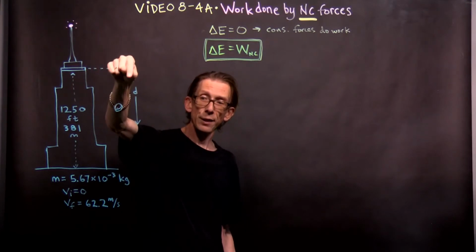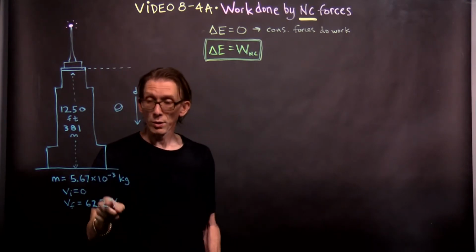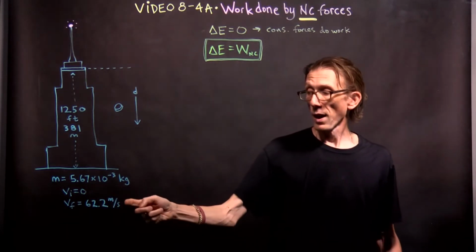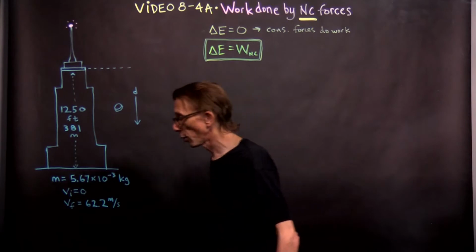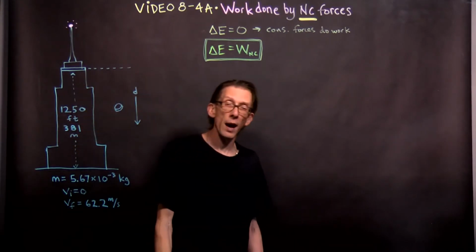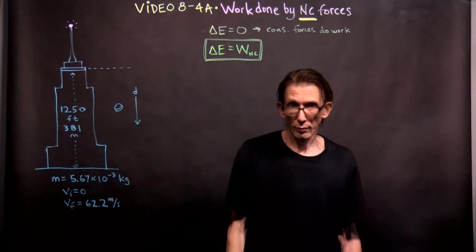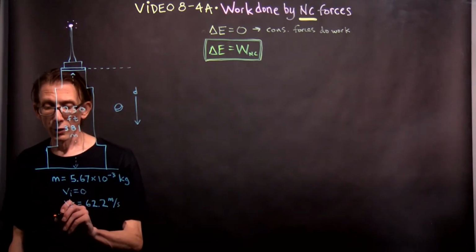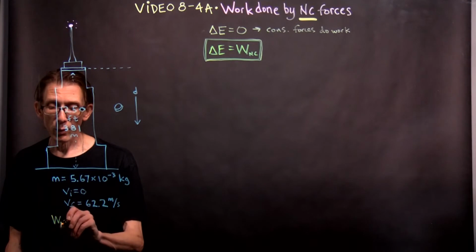We're going to release that, and the quarter is going to fall. And so its initial speed is 0. Its final speed is going to be about 62.2 meters per second, which is about 139 miles per hour. And what we want to know is two things. What is the non-conservative work done?